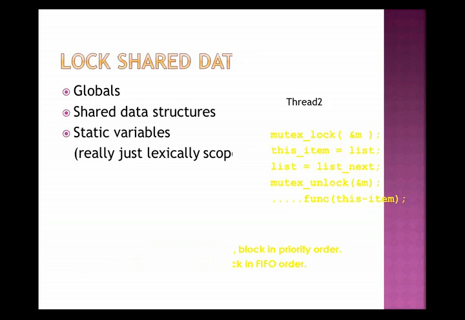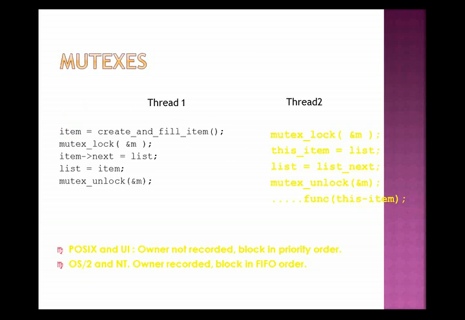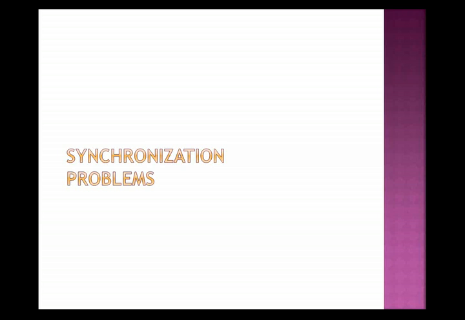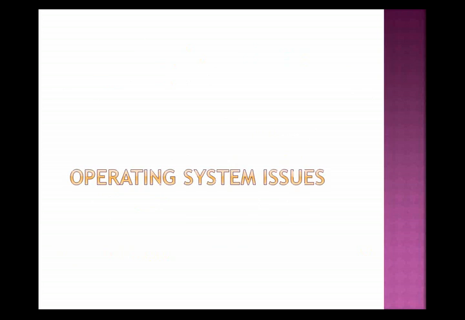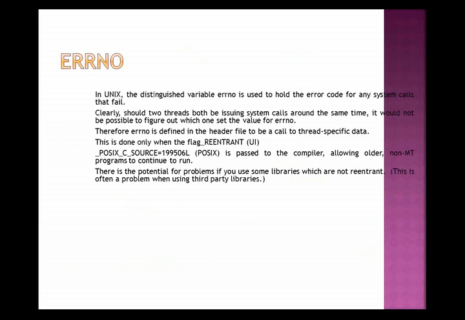These are the shared variables, that is the global, local and static variables. This is the problem. What is the problem? Deadlock, how to avoid it, and race conditions.